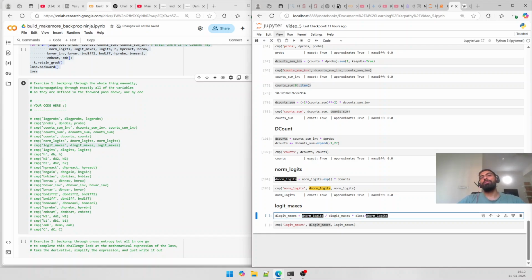So impact of logit maxes on norm logits into impact of norm logits on loss. This has been already calculated above. So this is the value that we want here. So we need to calculate this individual.